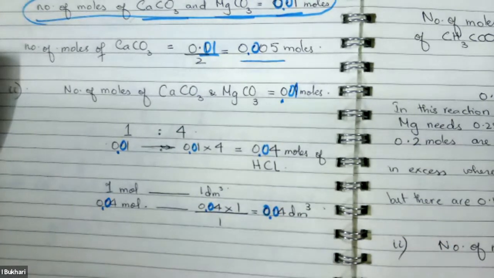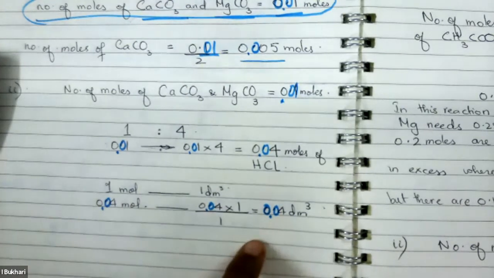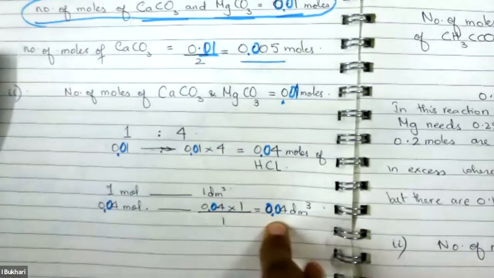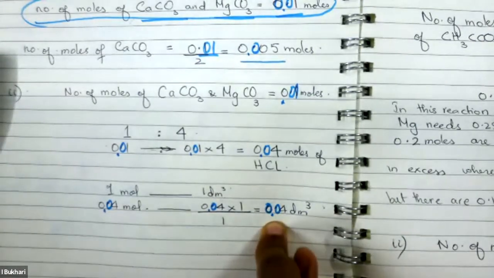For C part 1, it is 0.01, then again 0.01, and then number of moles of calcium carbonate, it is 0.005. And then for part 2, the first one is 0.01, and the last answer, volume of hydrochloric acid, is 0.04 dm cube.